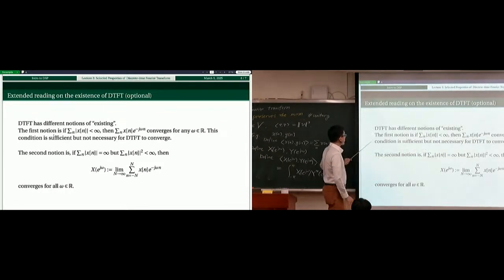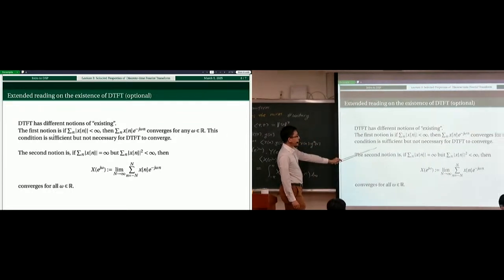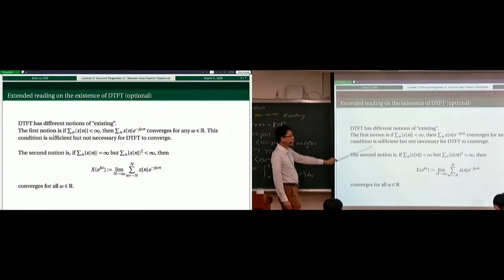So here's the first notion. The first notion gives us a sufficient but not necessary condition for DTFT to converge. Let me read it first.